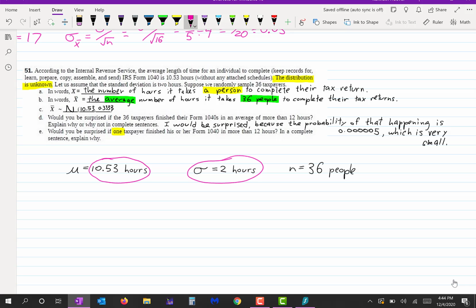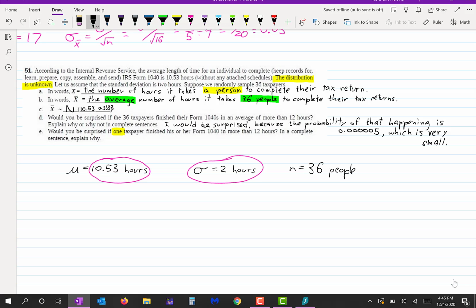So it wouldn't be that surprising if someone told you, okay, one person is going to take an amount of time that is not even a full standard deviation away from the average. Okay, that would not be that surprising. If it was 3 standard deviations away, so if it took them 16.5 hours, then that would be surprising. Okay? But 1.5 hours, when that is less than 1 standard deviation, that's not that surprising. So how would I answer it?